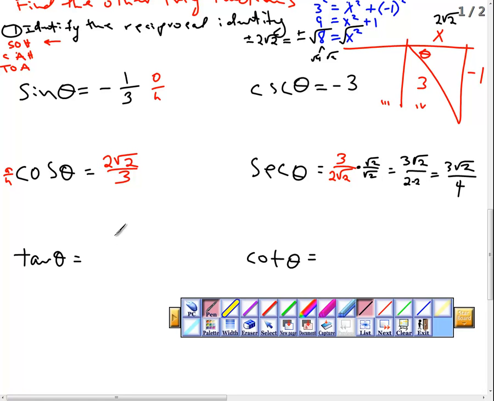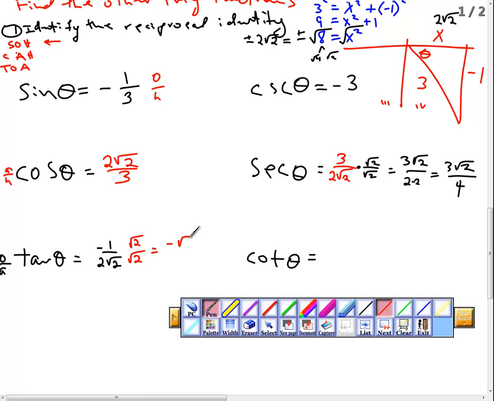All right, tangent is opposite over adjacent. So that's going to be a negative 1 over 2 square root 2. But we have to rationalize that. So we multiply by square root of 2 over square root of 2.